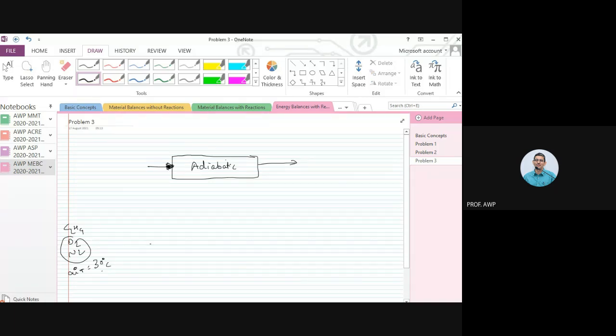This gas we supply to a heat exchanger. A shell and tube heat exchanger, if you like. Let me show you a picture of a shell and tube exchanger, just so that you are comfortable with visualizing.